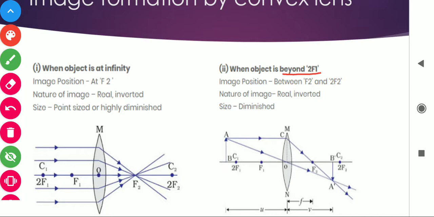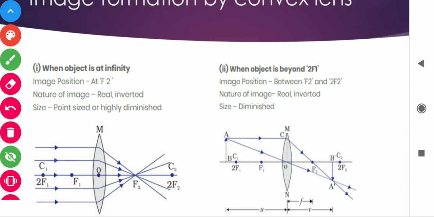AB is the object, and we take 2 rays from the head of this object. One is parallel and one is from optical center. And recall the rules. When the ray comes parallel to the principal axis, it passes through the focus. You can see this one. First one, and this is one. It comes parallel and passes through focus.